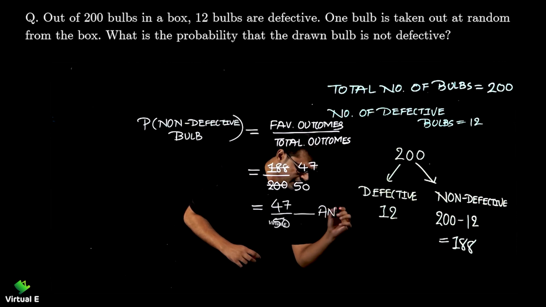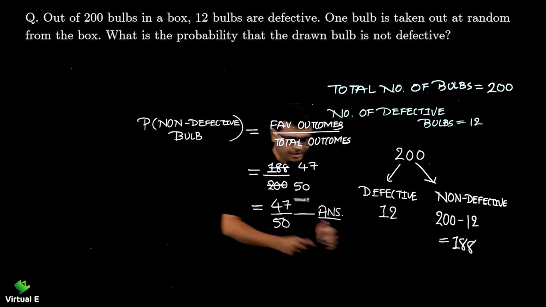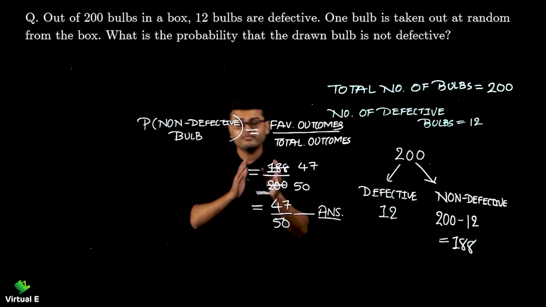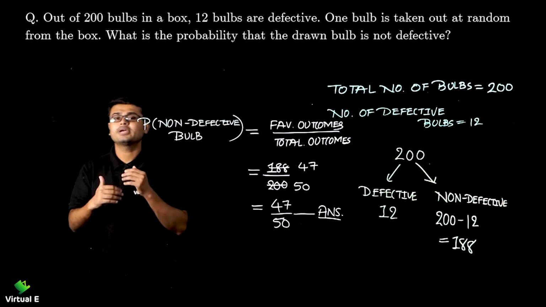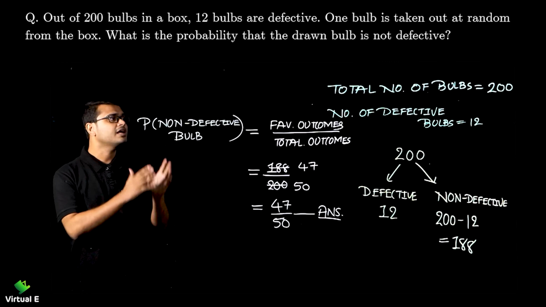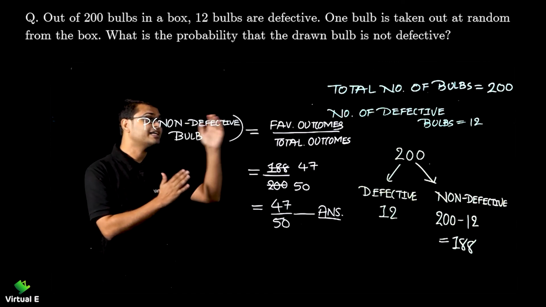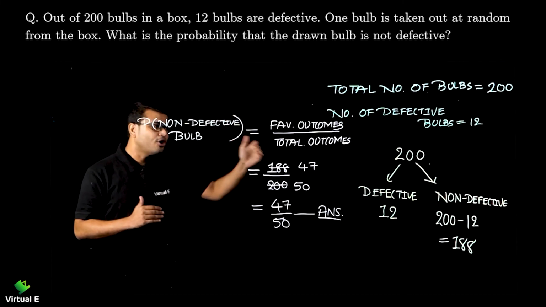Now see, most of the time students stop over here at 188 divided by 200. Your marks can be cut if the number is reducible. Reducible means cancelable. You can do cancellation. Remember, right? So let's recall one more time. There are 200 bulbs and defective bulbs are given, and probability is asked about the non-defective bulb.